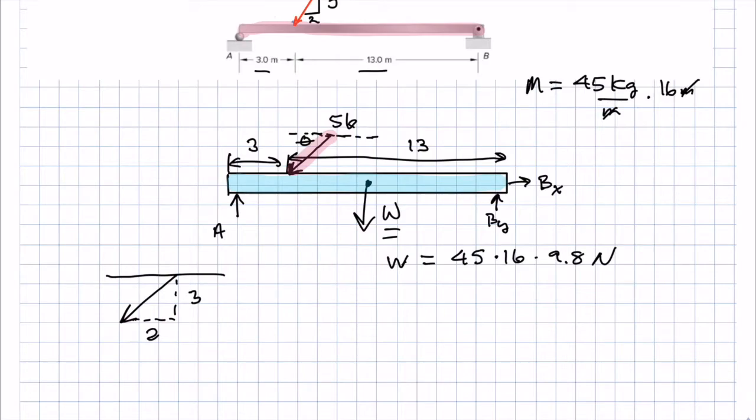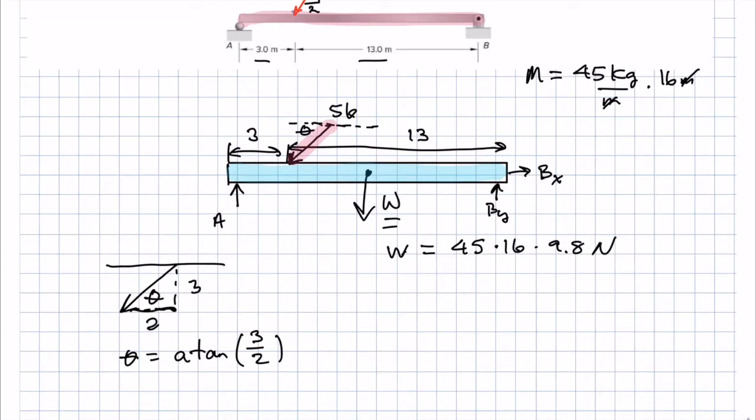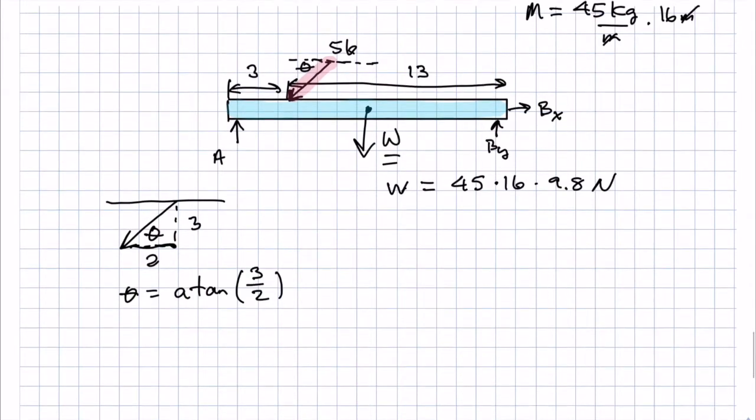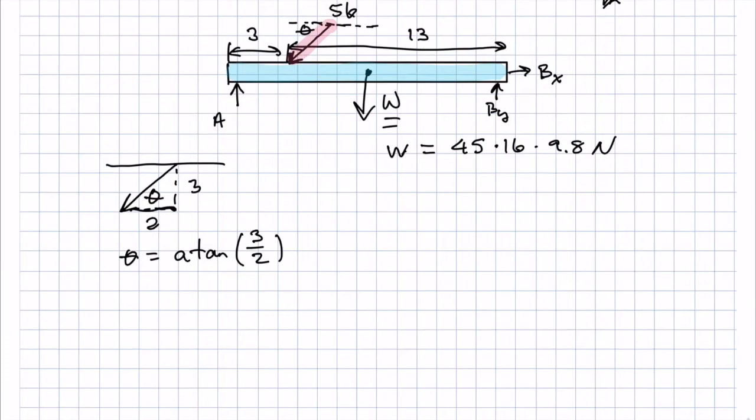So if this is the angle theta, then theta would be the arctan of 3 over 2. The reason this is useful is because eventually I'm going to need to break the force into an x component and a y component. So let's write the equations.